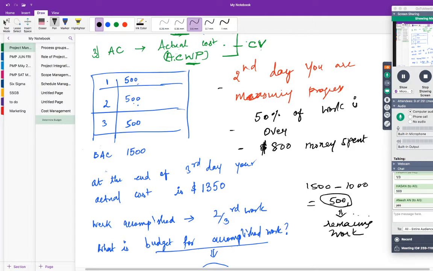Fine. So how do you put it in a formula? The formula for remaining fund. How much money is remaining? How do you put that? From this problem only, you can tell me.